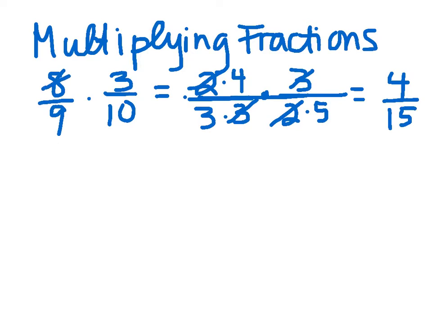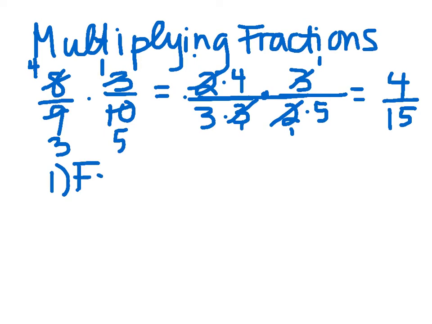If you were doing this in elementary school, you would have made this 4, this 5, this 3, this 1, and as you can see, that's exactly what we did, 4 out of 15. So this leads us to the basic procedure that we will be doing as we multiply algebraic fractions.